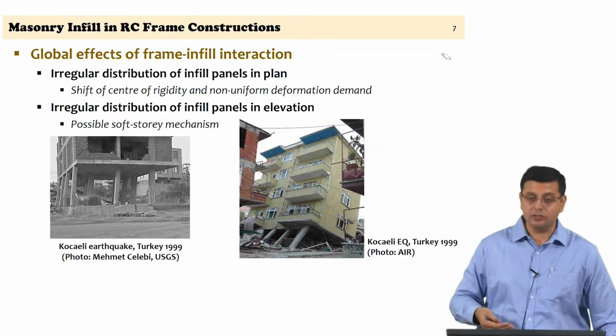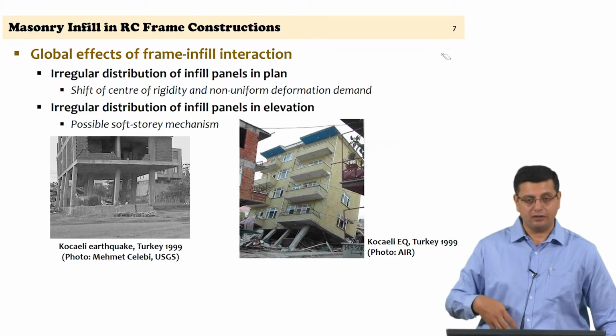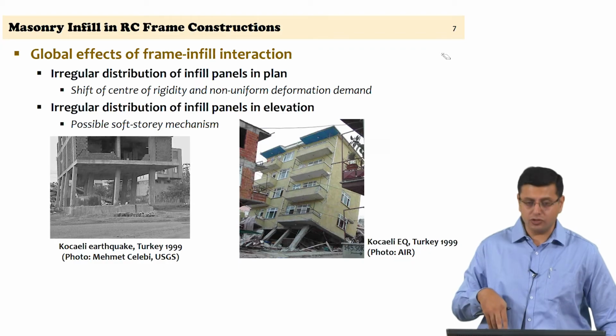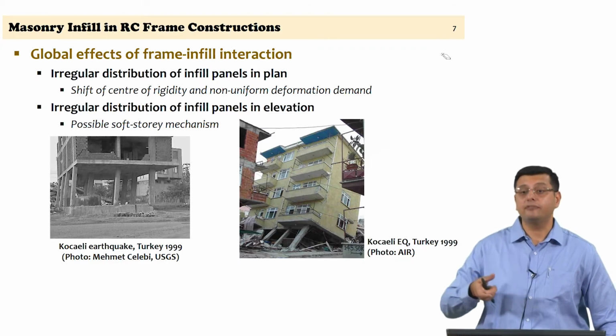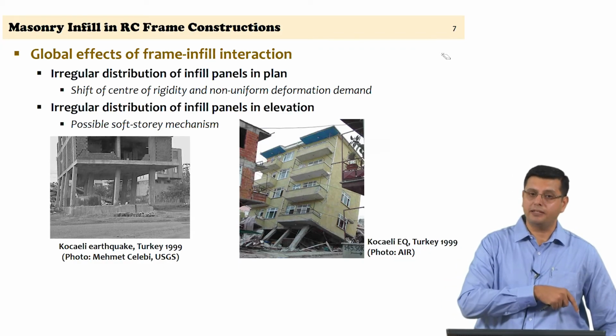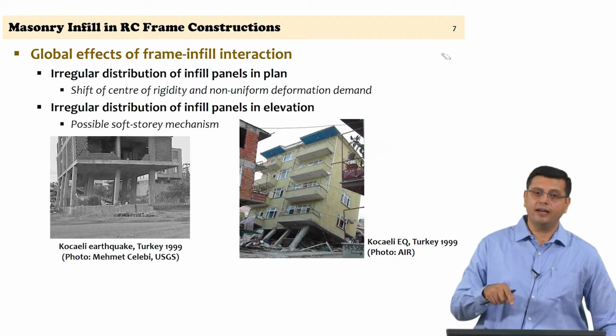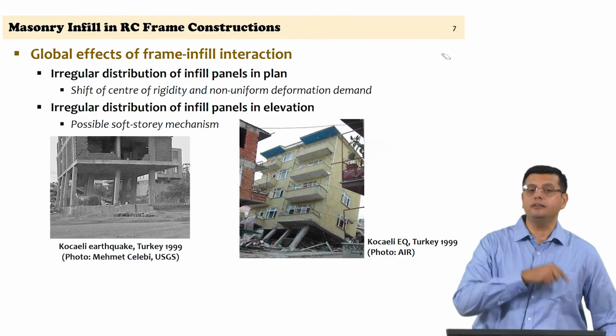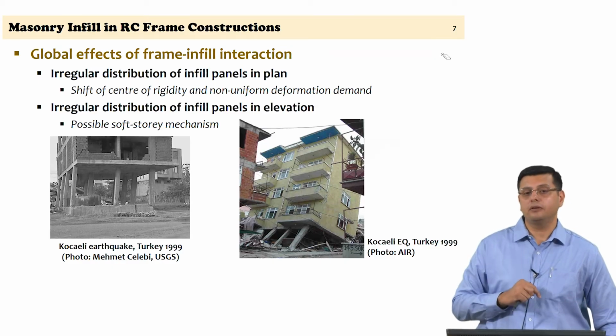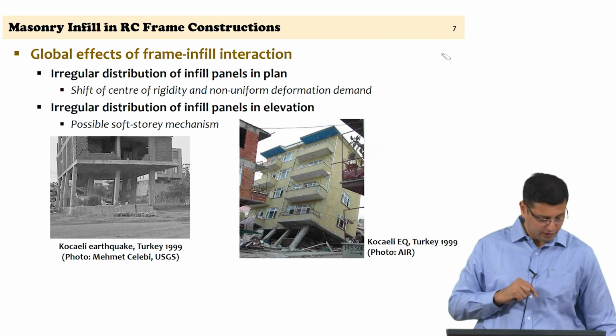For all you know, presence of the panel in the basement or in the ground story would have actually saved the structure, and this is what I was mentioning in the earlier slide, that it has been documented in Indian earthquakes that infill panels can actually save the structure under earthquake actions.